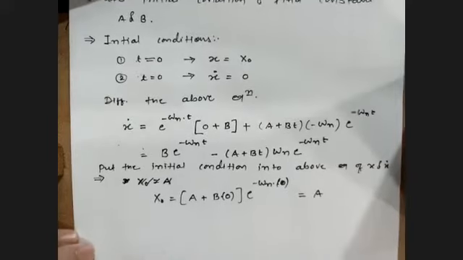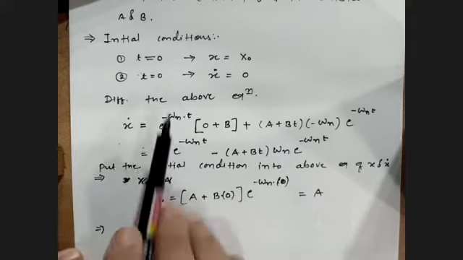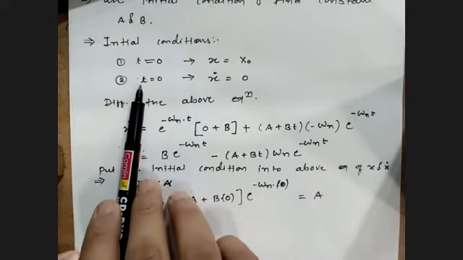Now, what about the second initial condition? Once you put the second initial condition, it means x dot is 0 and time t is also 0.